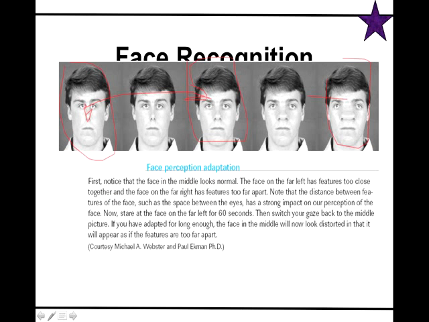Now if you think about the issues going on with perceptions of beauty, especially in our culture, and the way that things get photoshopped, especially in women's magazines, the perception, if we look a whole lot at those types of images, it can change what we would consider average or normal.